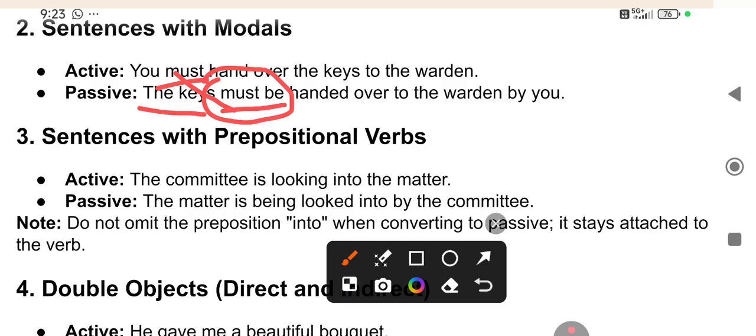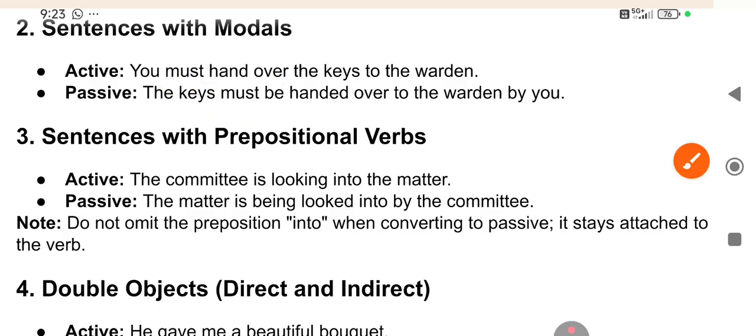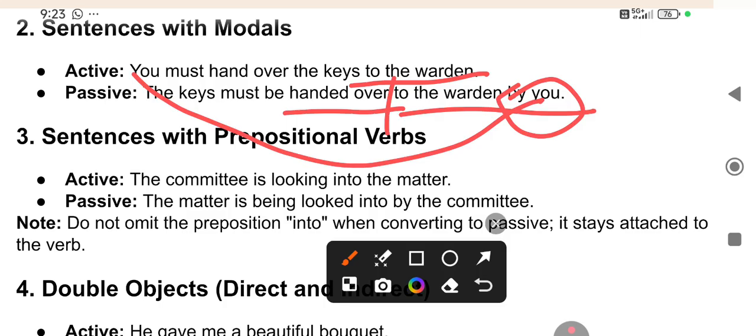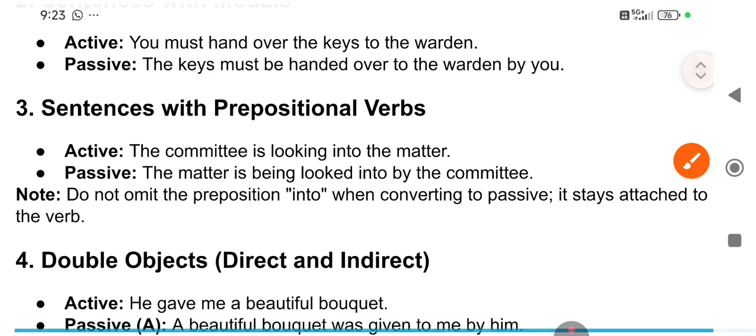The keys must be, and then the third form of hand over is handed over, and then the rest of the part, as I told you, to the warden, and then by you. Okay, so this is for modals.